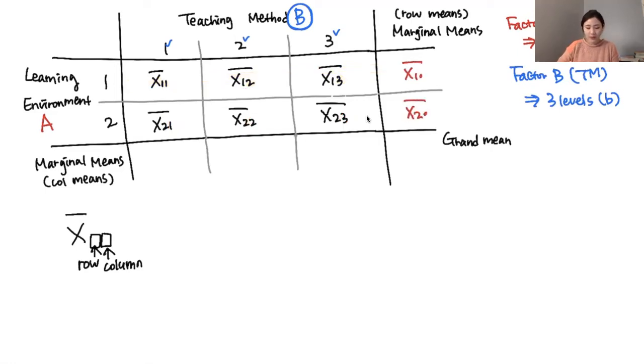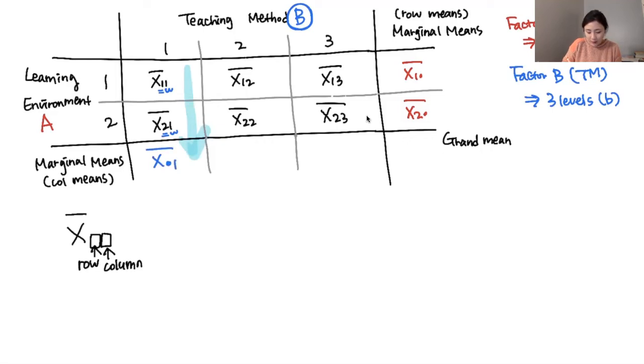And we need to see the column means in this way. Here, the first number 1, 2 is different, but the second number 1 is the same. So x dot 1 bar.